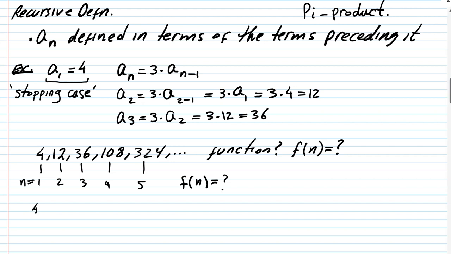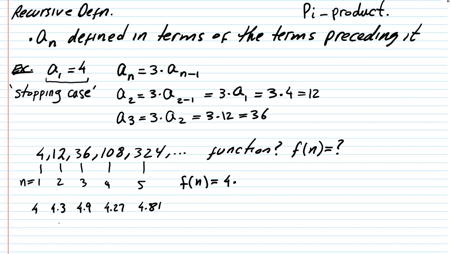So the pattern I see is this. I start with the number 4. 12, that's 4 times 3. 36, that would be 4 times 9. 108 is 4 times 27. 324 is 4 times 81. So I see that there's going to be a 4 in this function.